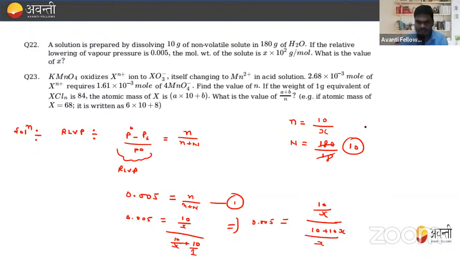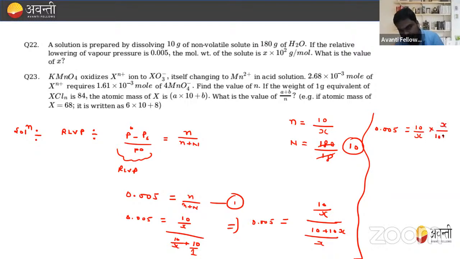So on solving, what you'll get? Let me calculate here. That is 0.005, which is equal to 10 over x into x over 10 plus 10x. So you cancel this out. What you are left with is 0.005 into 10 plus 0.005 into 10x, and it is equal to 10.